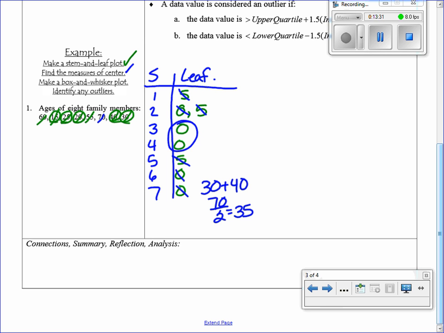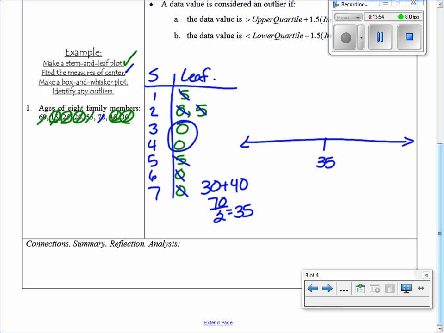Now it says make a box and whisker plot. So here's my number line. Say my median here is 35. Now what I want to do is find the median of my upper set of numbers and the median of my lower set of numbers.